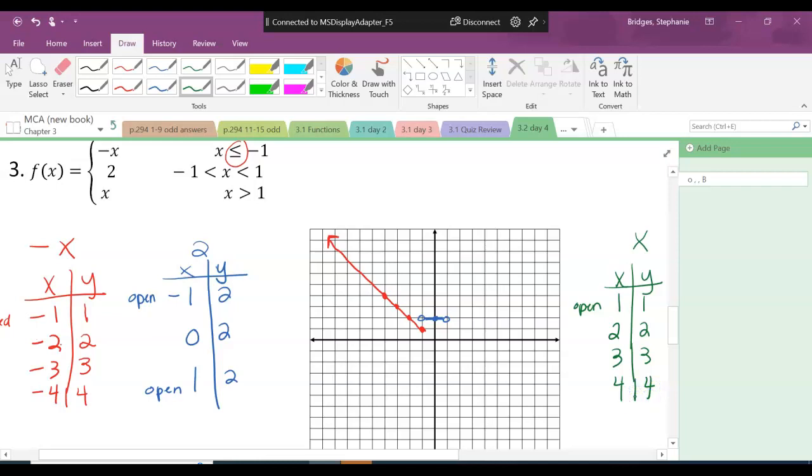So at the ordered pair 1, 1, I am open. 2, 2, 3, 3, 4, 4. Do I continue on past that last point? Yes. And I put an arrow on the end. So that's what your picture should look like. Now we need to do domain, range, increasing, decreasing, and constant.